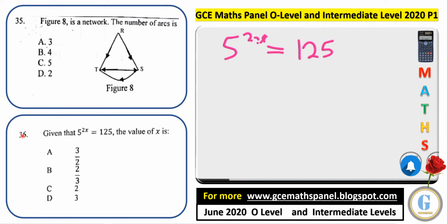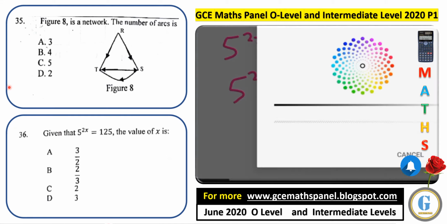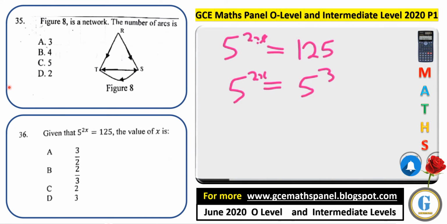We know that 125 can be written as 5 to the power 3, because 125 is 5 times 5 times 5. So 5 to the power 2x is equal to 5 to the power 3. Now that the bases are the same, we can equate the powers.